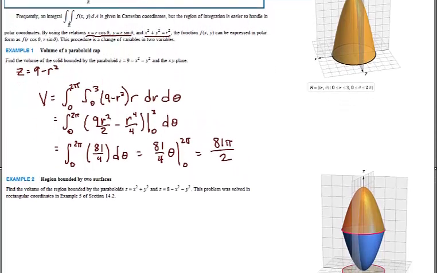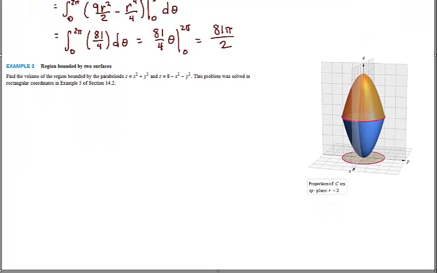For my next example, it's one that we've seen before. We have our top function, which was z equals 8 minus, and notice once again that is r squared. And then this is going to be z equals r squared.